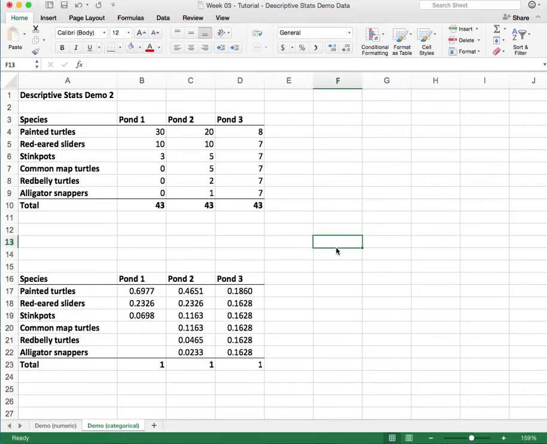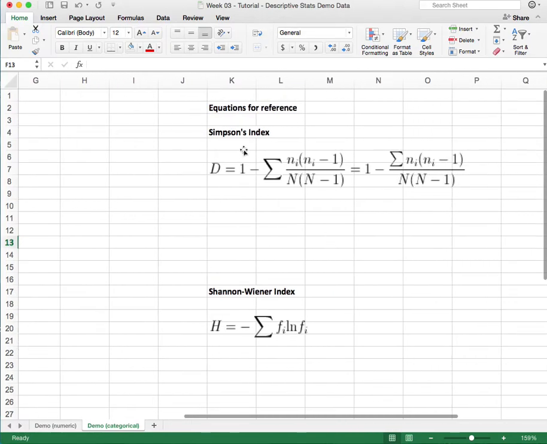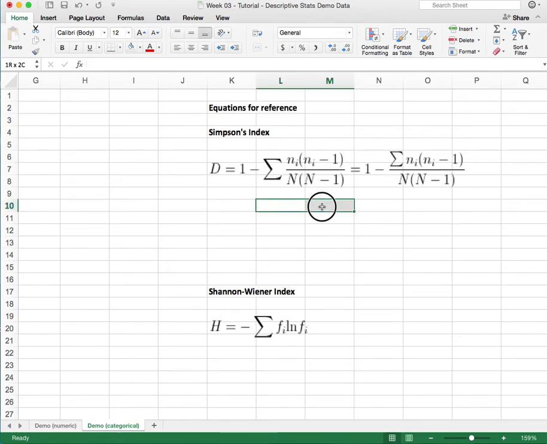So if we look over here first, we'll calculate the Simpsons index first. And if you look at these equations and compare this back to what you saw in the notes, D is equal to 1 minus the sum of this here. This is what I put in the supplemental notes.